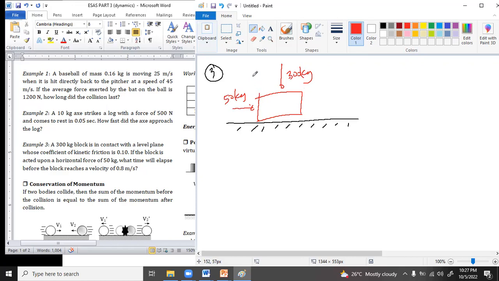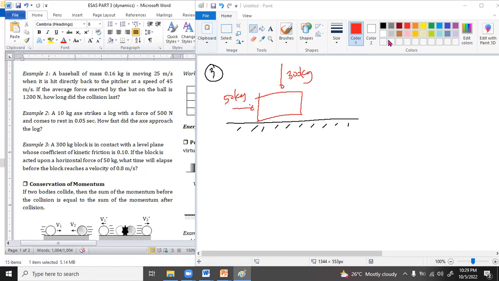So the applied force is 50 kilograms, and then we have the normal force, and then you have the friction force.